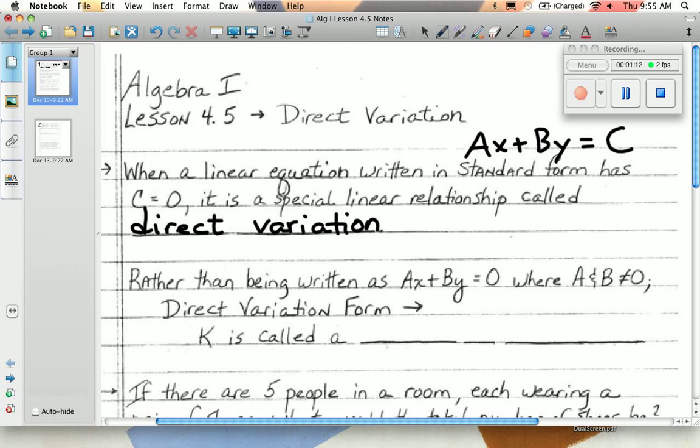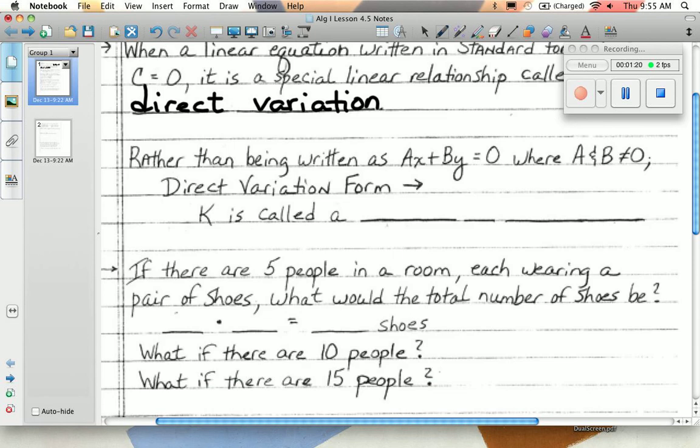One has an effect on the other, and there's nothing else involved in the relationship. So rather than writing Ax plus By equals 0, typically when we talk about a direct variation, we talk about it having its own form, y equals kx.